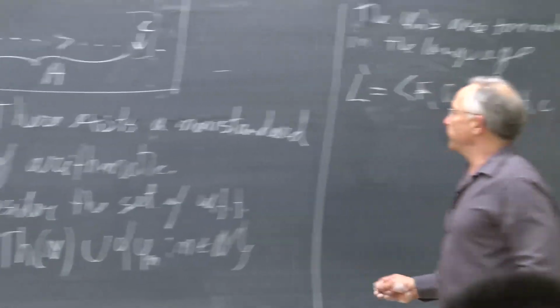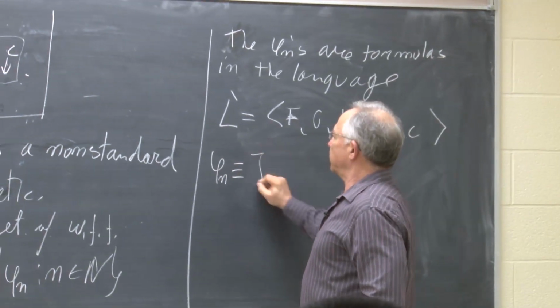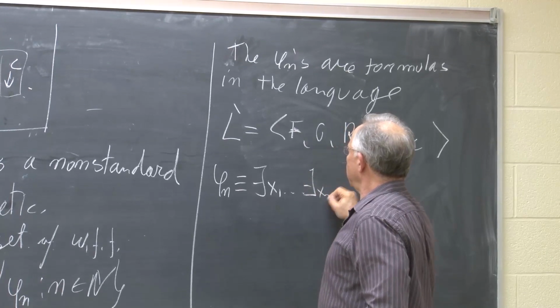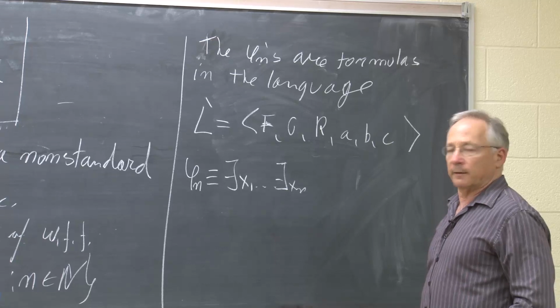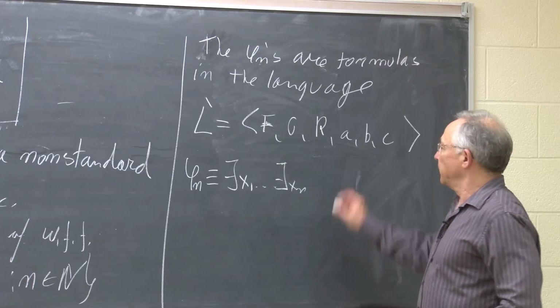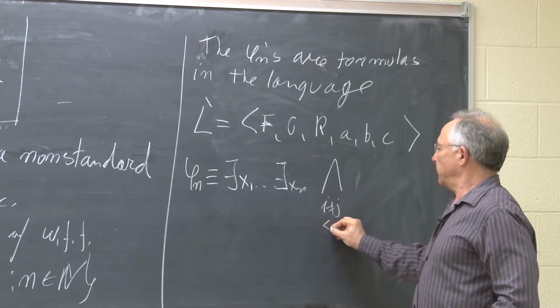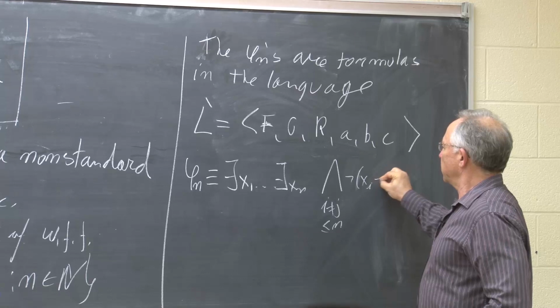And what does phi_n say? Phi_n is the formula that says that there exist x1, ..., xn such that they are all different. We know how to say all different. It just says that for all i not equal j, less or equal n, it's not the case that xi equals xj.